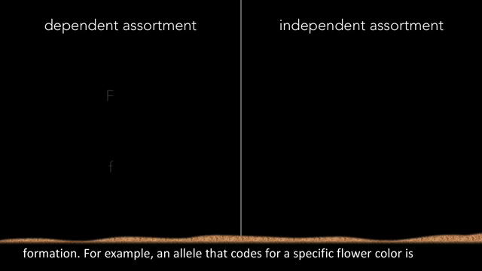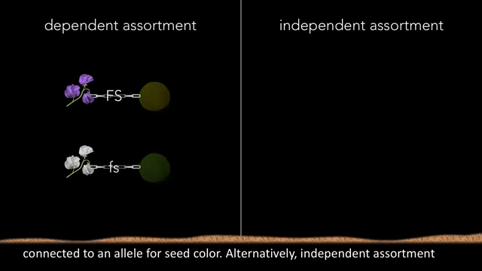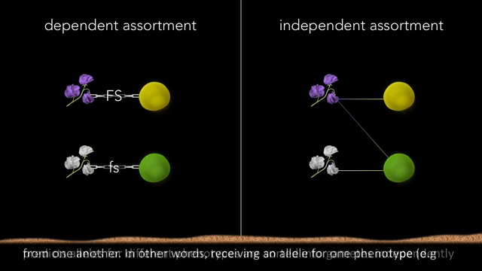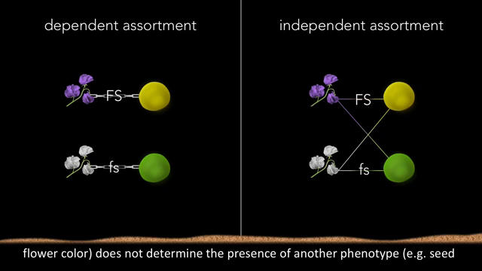For example, an allele that codes for a specific flower color is connected to an allele for seed color. Alternatively, independent assortment predicts alleles for different phenotypes are sorted into gametes independently from one another. In other words, receiving an allele for one phenotype, such as flower color, does not determine the presence of another phenotype, such as seed color.